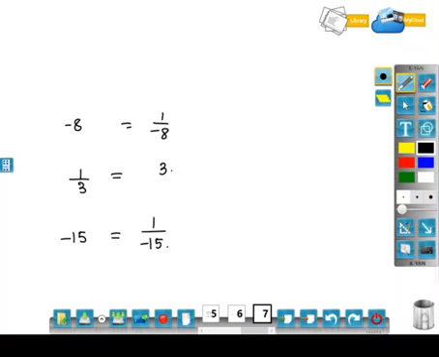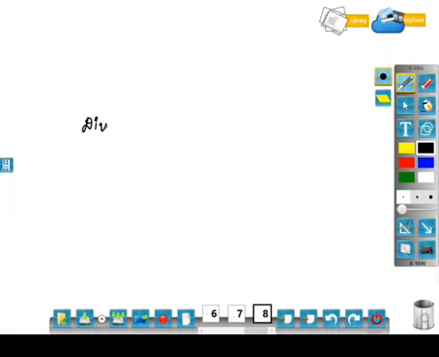Does anyone have any doubt in these 4 topics? Please comment in the comment section. I'll go through that once again. Okay, thank you. Now, after this, let's move on to divisions. The next topic is division of integers.